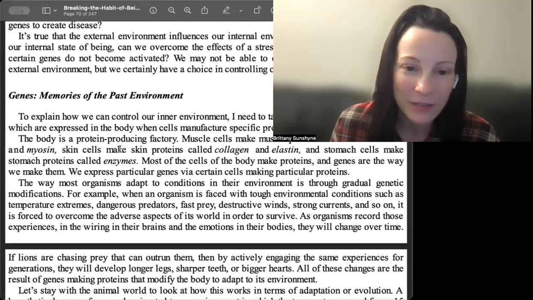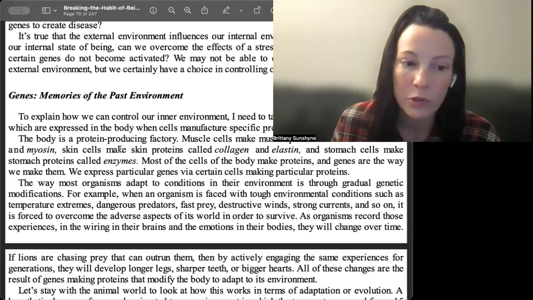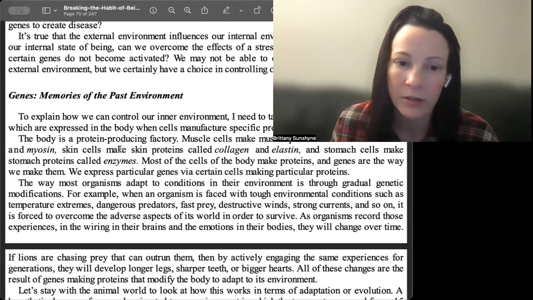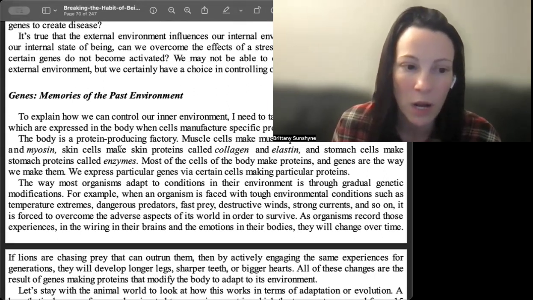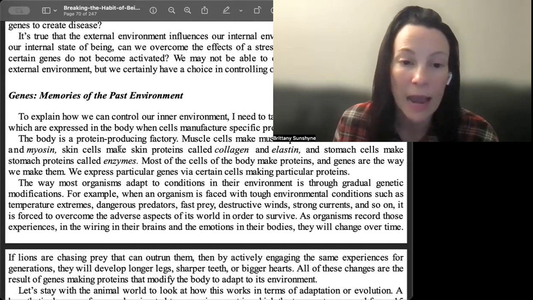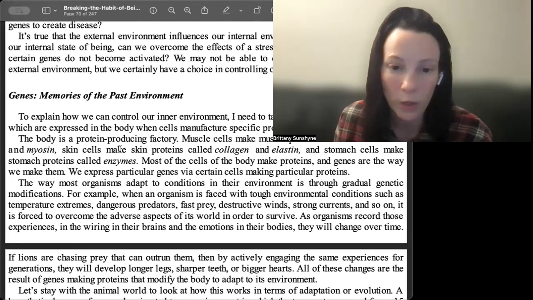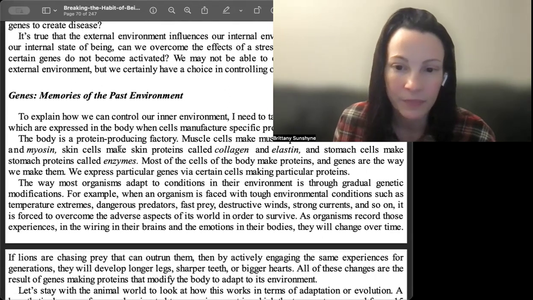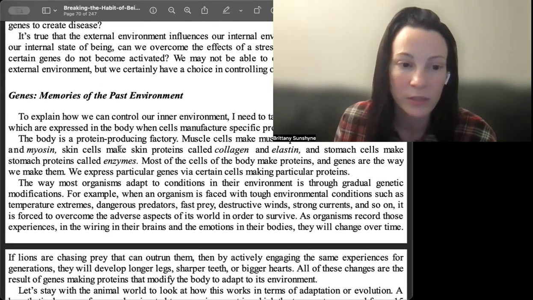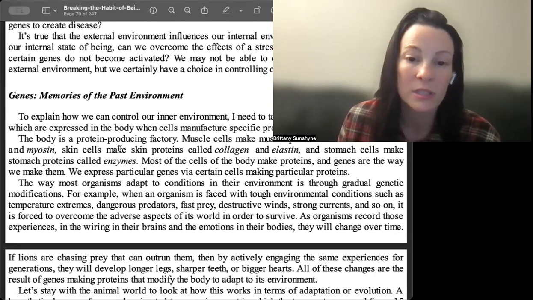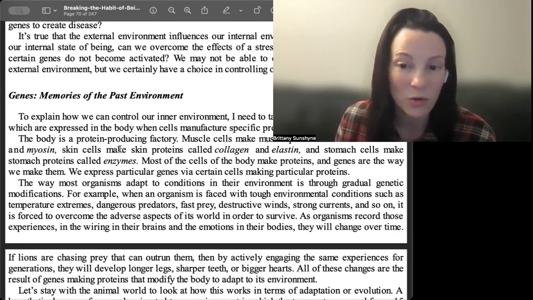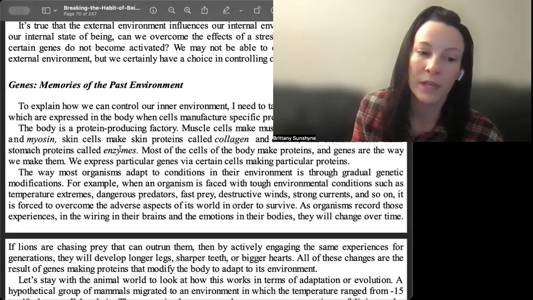For example, when an organism is faced with tough environmental conditions such as temperature extremes, dangerous predators, fast prey, destructive winds, strong currents, and so on, it is forced to overcome the adverse aspects of its world in order to survive. As organisms record those experiences in the wiring in their brains and the emotions in their bodies, they will change over time.